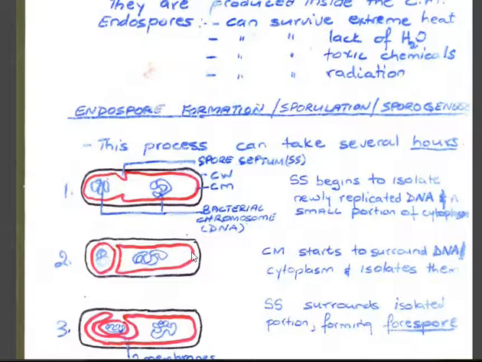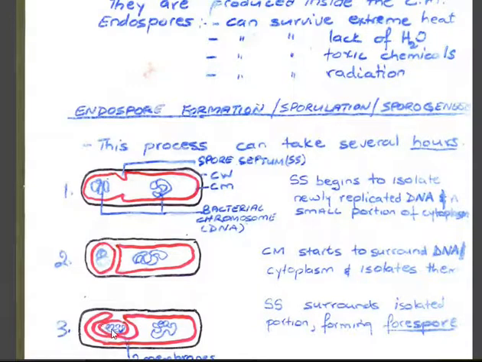This part is going to be lost, and this part is the one that is going to be saved. Because this part is going to be saved, this part generates a wall around this particular part.